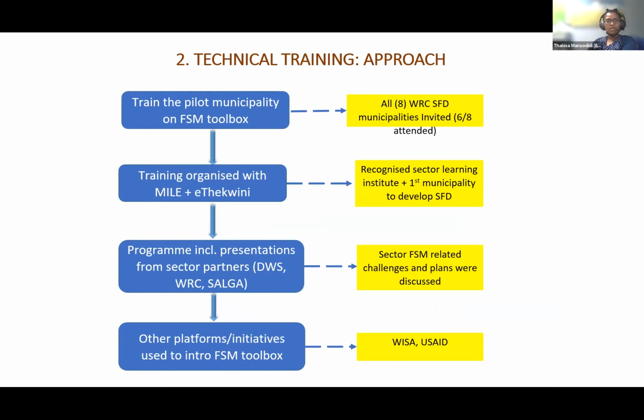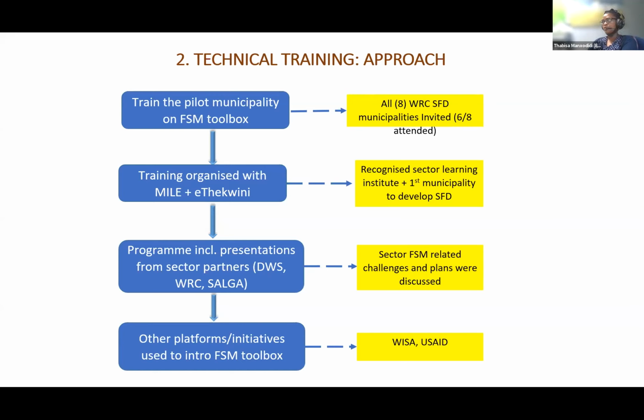Other than that, we had other municipalities that were part of the Water Research Commission SFD, whom we invited to attend the FSM Toolbox training. We've also taken it to other people who could play a role: the Department of Water and Sanitation, the Water Research Commission, SALGA, another body for the municipalities, and other platforms.